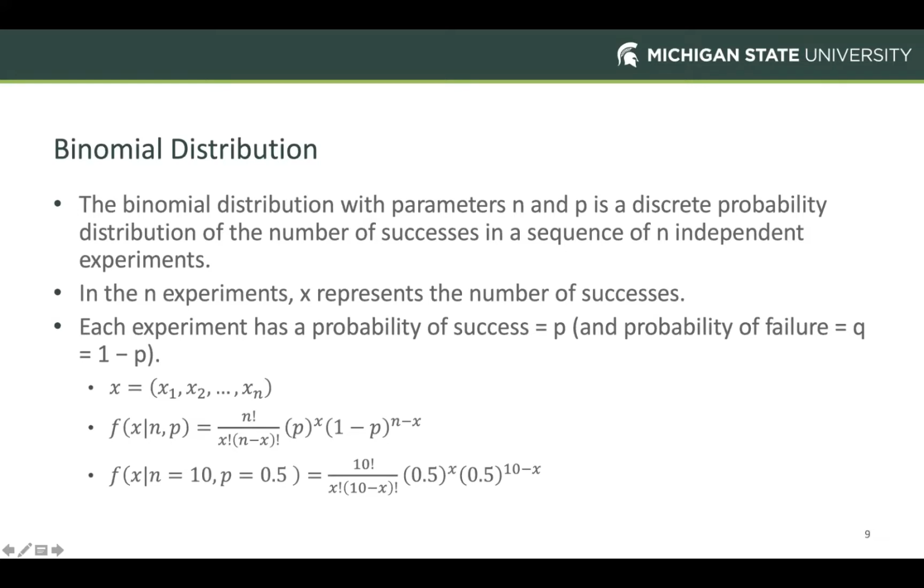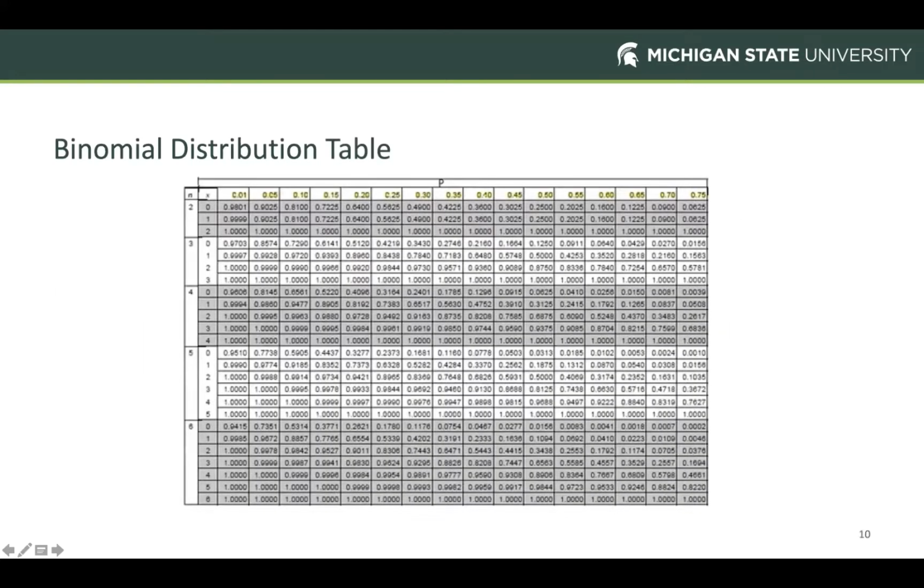And so when we look at the binomial distribution, this is just showing us, for relatively small samples ranging from 2 to 6, how likely it is for different values of p that we would observe a certain number of successes, okay?